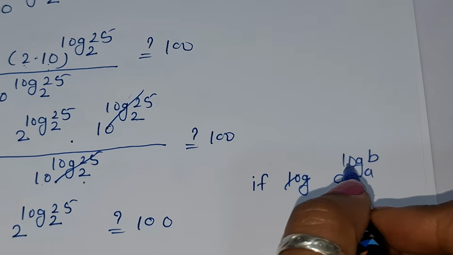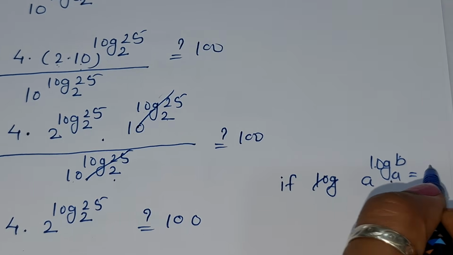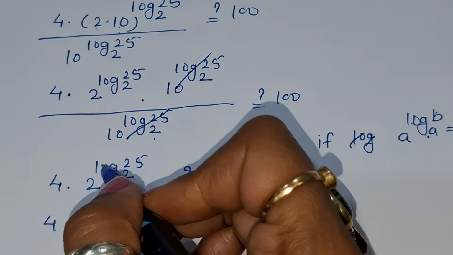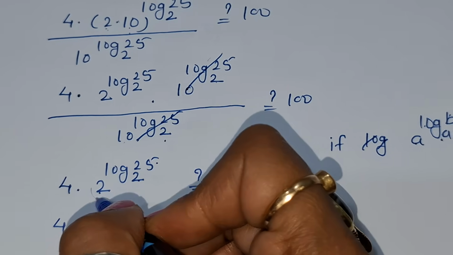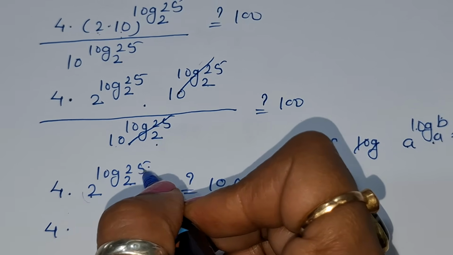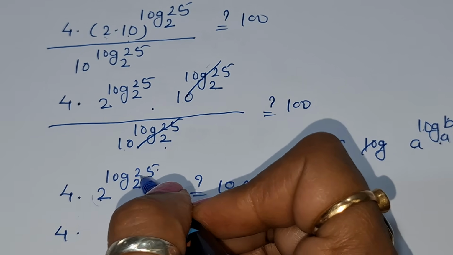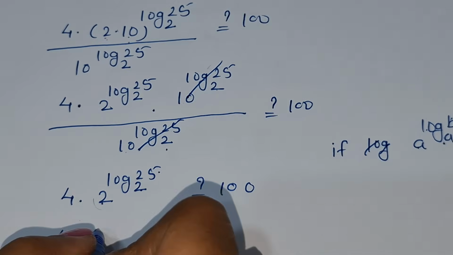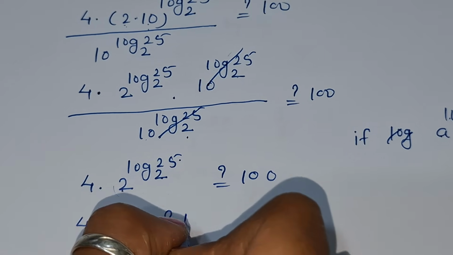If a power log of b to the base a is given, the value will be b. You can see here a power log of b to the base a, so the value will be b, that is 25. So here the value will become 25. So 4 times 25, question mark 100.